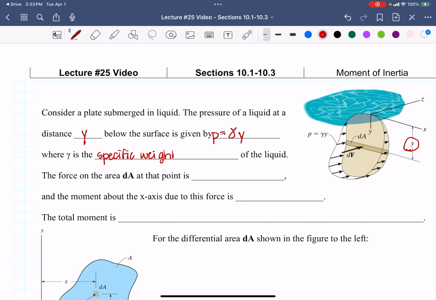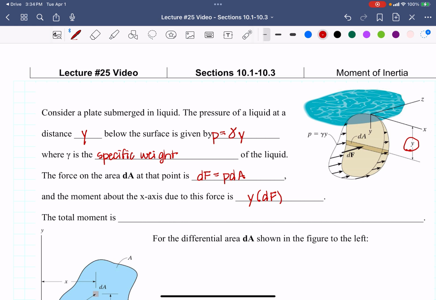of the liquid. The force on the area dA that is shown at that point is dF equals P times dA. And the moment about the x-axis due to this force is y, because that's the moment arm, times dF.